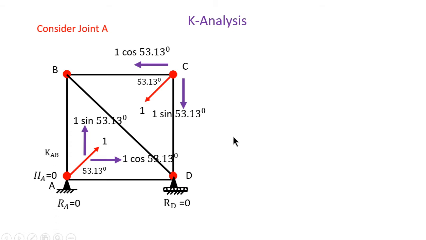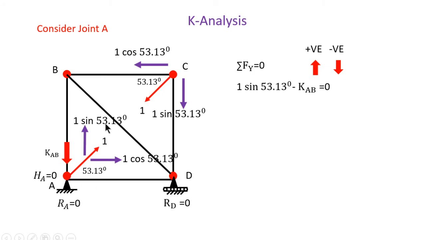So we are finding first the member force KAB, assuming the direction of KAB is downward. So here we are applying the sigma Fy condition. Upward positive and downward negative. So here this 1 sine 53.13 is the upward force and KAB having the downward direction, that is why it is minus. So we got KAB is equal to 1 sine 53.13. So KAB is equal to 0.8.